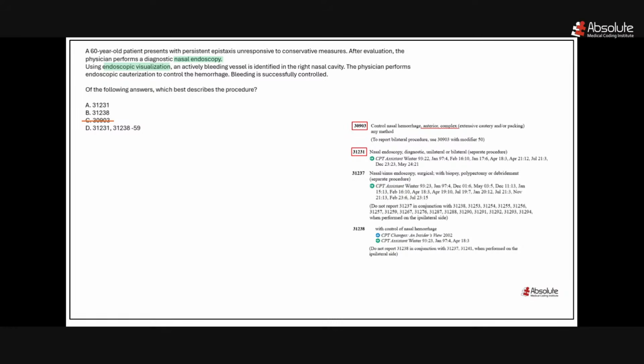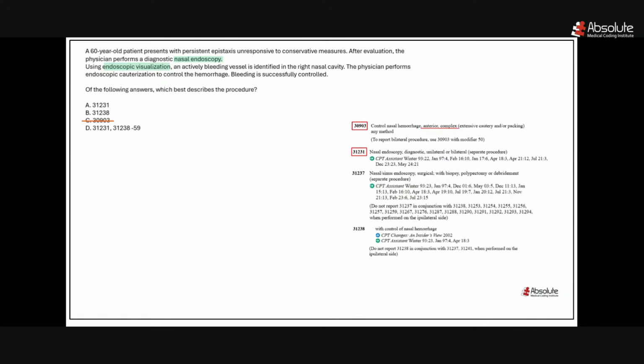That is a reason why we have to read the scenario carefully and not just go by what was planned. Always something might change during the procedure. So always be forensic. That's why we are the best medical coders, right?